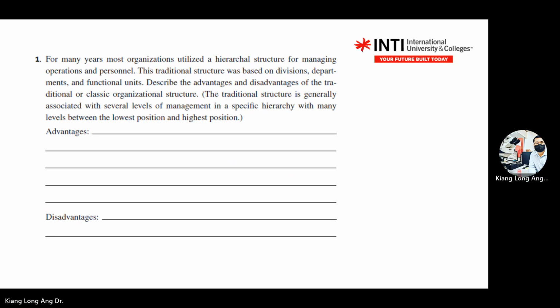Functional one. Functional two. Functional three. So how will the money go? How will the money go? You go to a specific department or specific budget for that particular functional unit. Okay.